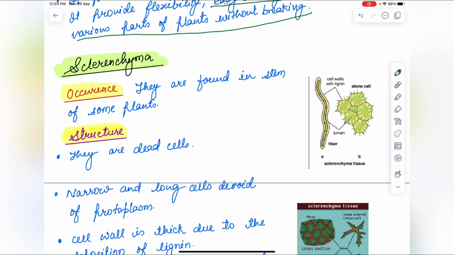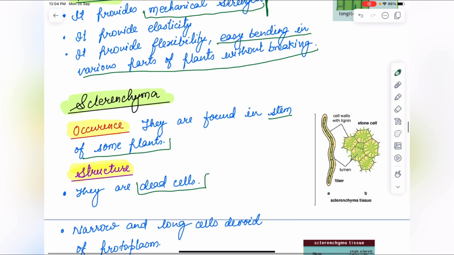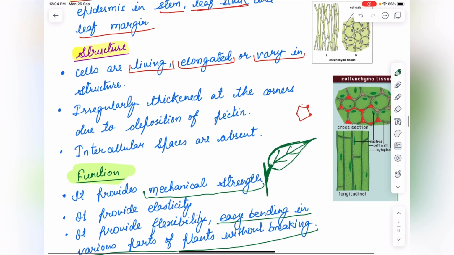This sclerenchyma is the third type of simple permanent tissue. It is present in the stem of some plants, and in structure, they are dead cells. So these sclerenchyma tissues are dead cells, and the other two, parenchyma and collenchyma, are living cells.